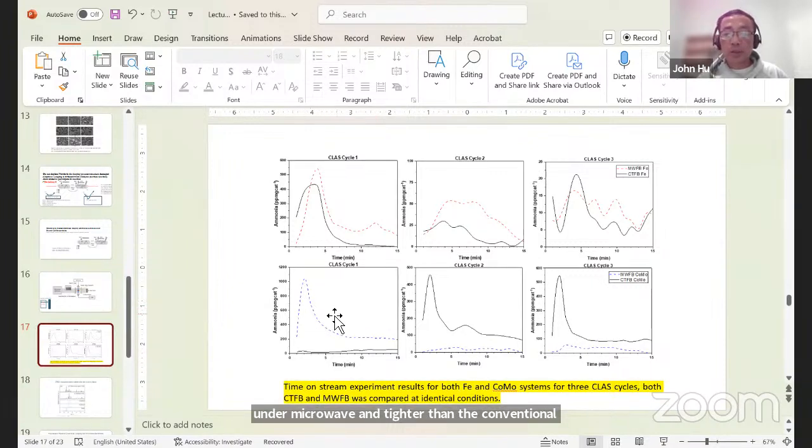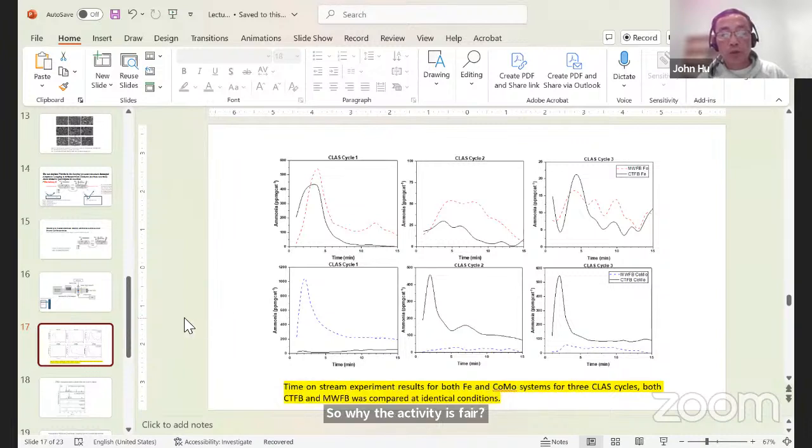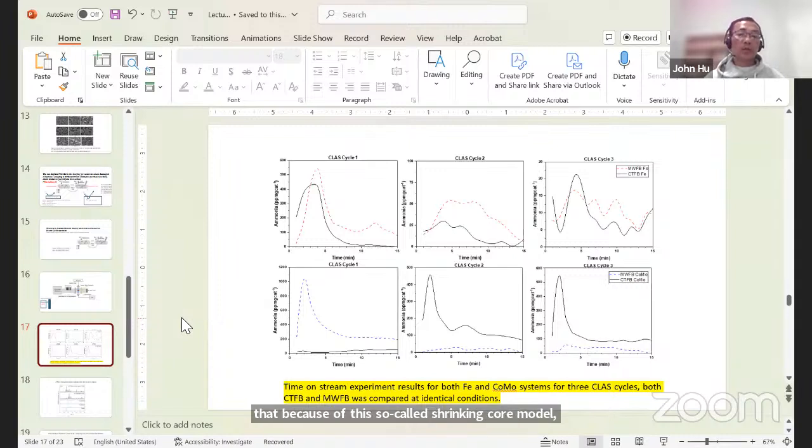But if you change the material to cobalt moly, you run 1 cycle, but in the next cycle it disappears. So why does the activity disappear? That's because of the so-called shrinking core model. That means the structure collapses, so it's very difficult to maintain the integrated morphology.